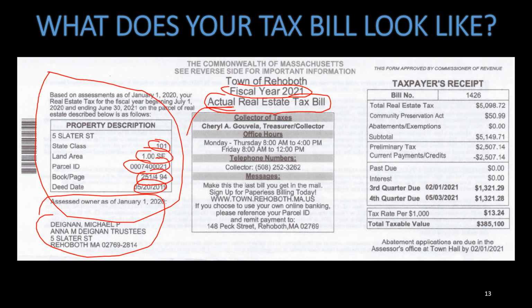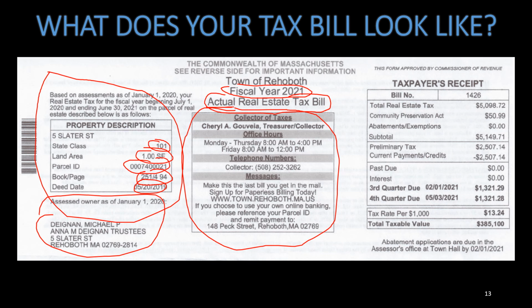And then the section below that contains information on how to contact the collector of taxes in Rehoboth. Currently, that is Cheryl Gouveia, what the office hours at Town Hall are, the contact telephone number, and then any messages that the collector wants to send to you.